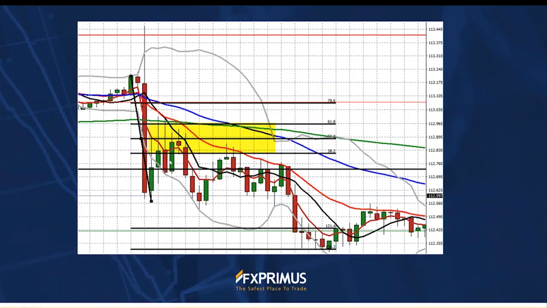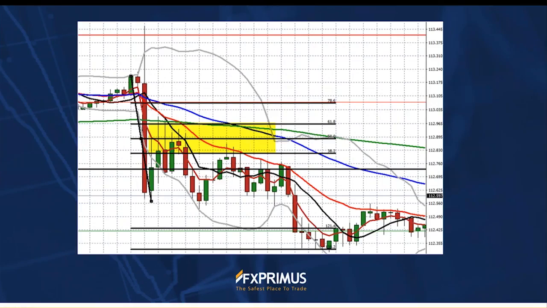There was a fight. Usually it pulls back to here and then you're off, but here we had quite a few candles before it got going, and then it came back up again. But eventually it came down. Not a great deal of pips, but it was more than a 50 pip move.